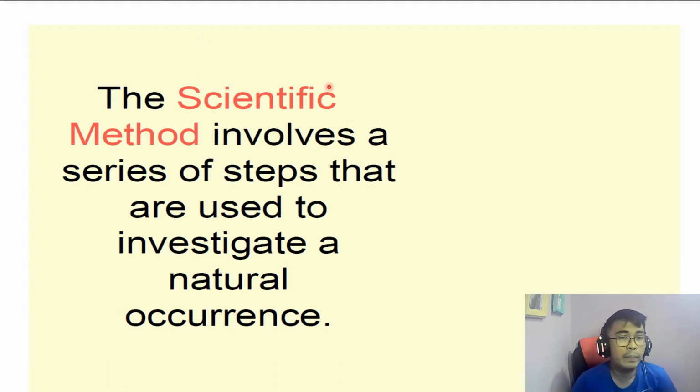So the scientific method involves a series of steps that are used to investigate a natural occurrence. It's a step-by-step process in order for you to arrive at an answer for a problem that is posed, or a phenomenon that is somewhat bothering you. So it's carefully crafted step-by-step procedures for you to investigate a certain occurrence.